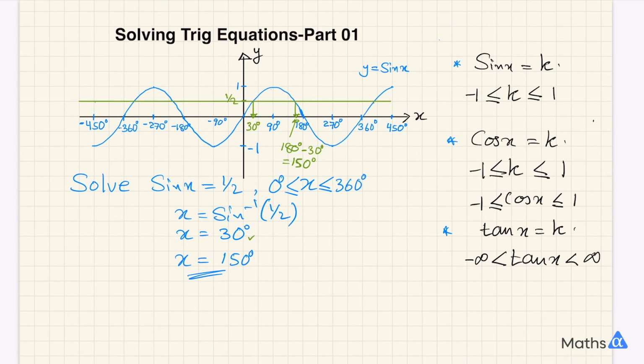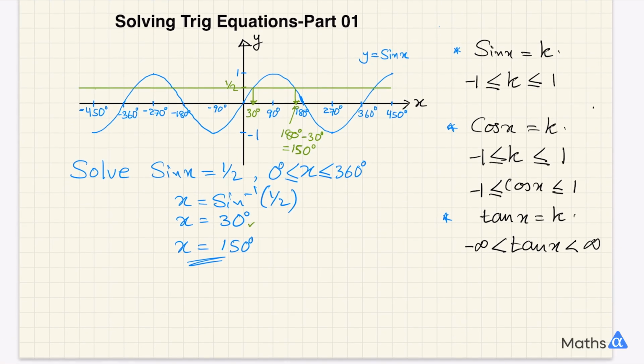We have another method to solve trig equations, which uses the CAST diagram. That method is more convenient and actually faster. So in the future, we're going to use the CAST diagram method to solve trig equations. Let me explain that method. First, we need the CAST diagram.